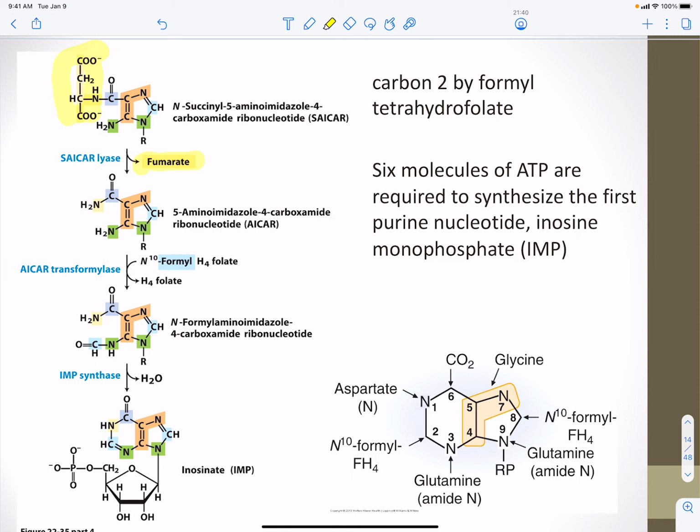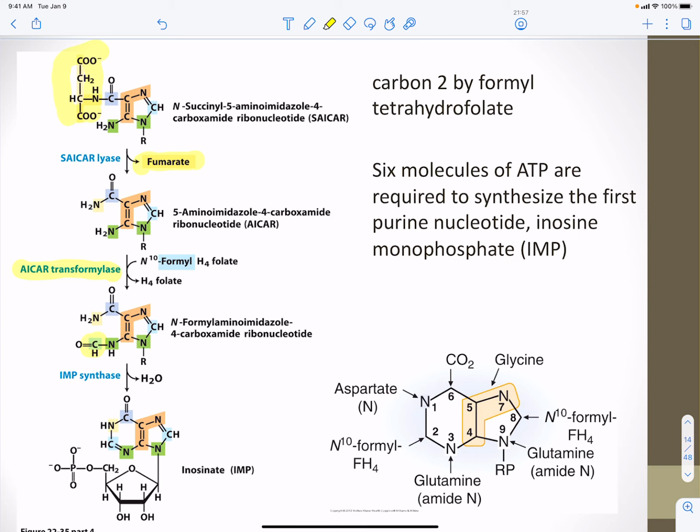And then you're going to add by a transformylase your last carbon, your formyl from your N10 formyl tetrahydrofolate, regenerating tetrahydrofolate, and getting that last carbon on your position 2.